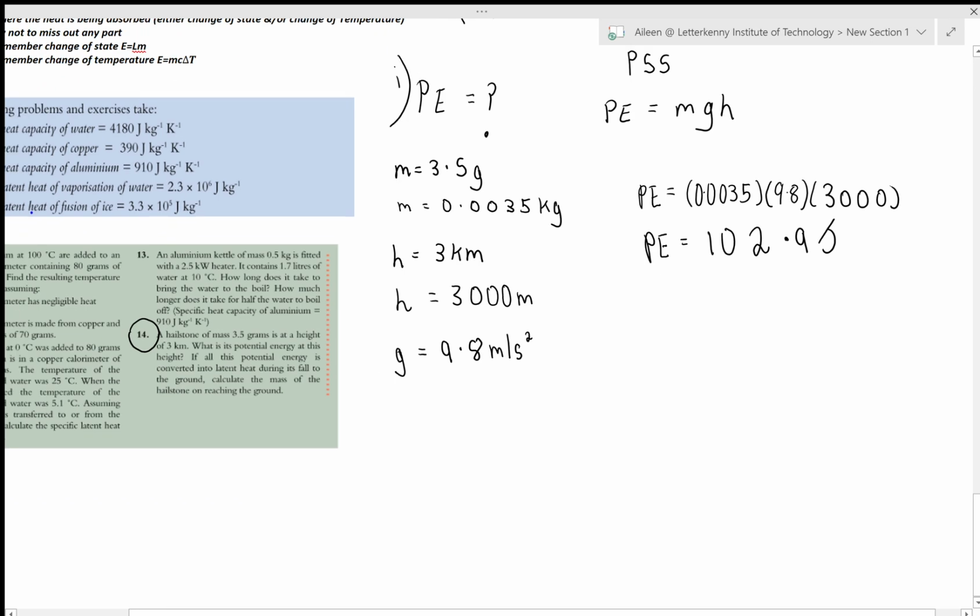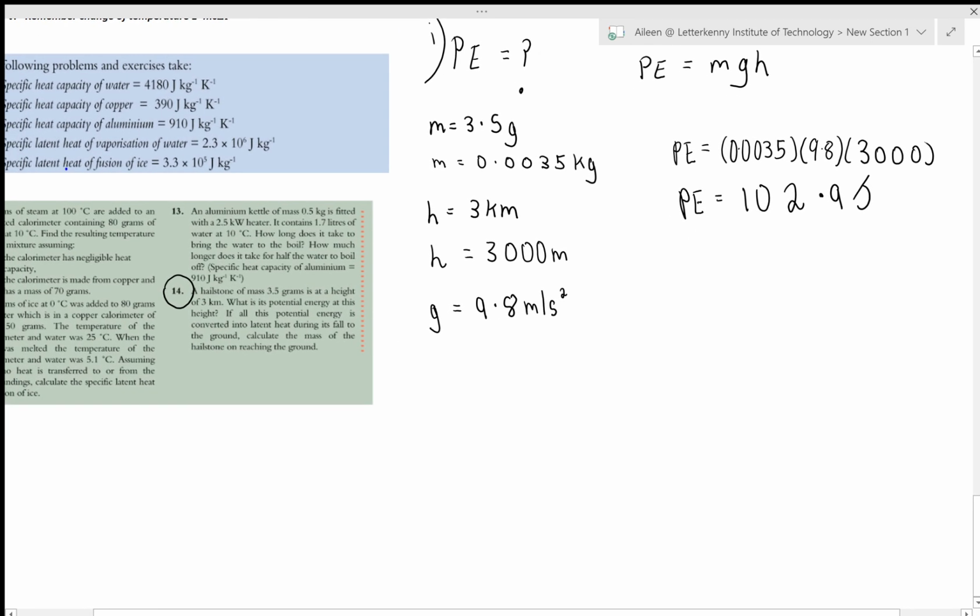Let's look at part 2. We're told that all of the potential energy is converted to latent heat during this fall, and we're asked to find the mass of our hailstone. So all of our hailstone is going to be converted from a solid to a liquid as it falls to the ground.